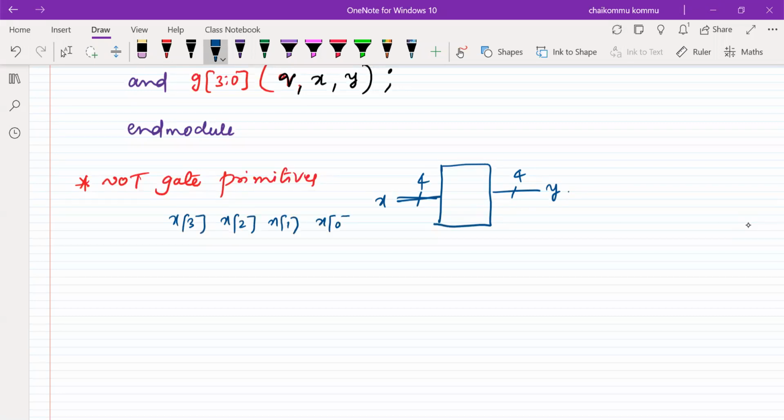This block will convert into y of 0 by complementing x of 0, and then y of 1, y of 2, y of 3 will be the output. So what is y of 3? It is nothing but complement of x of 3. What is y of 0? Complement of x of 0. Bit by bit complementation.